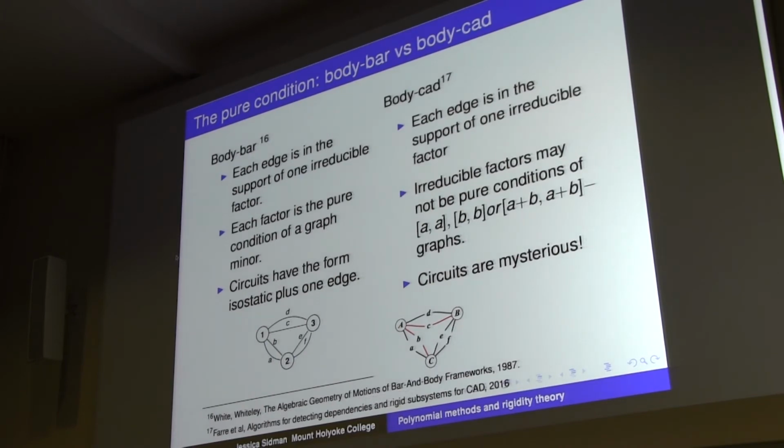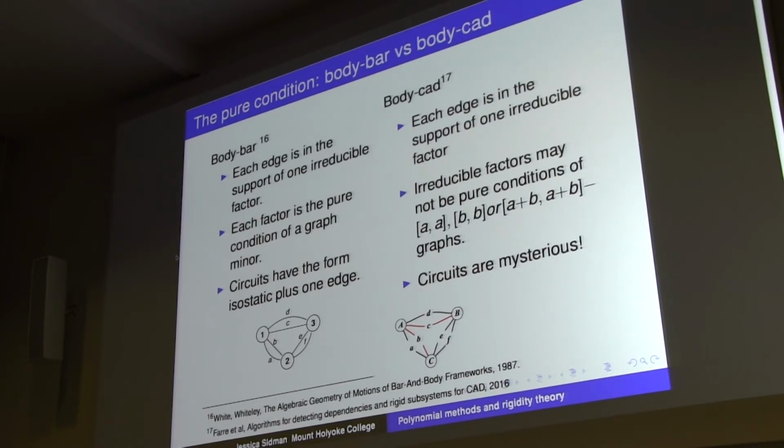And just to finish up here, I want to sort of compare and contrast the body-bar and body-CAD worlds. In body-bar, one of the things White and Whiteley show is that each edge is in the support of one irreducible factor. And in the body-CAD setting, so this is a paper with James Farr, a bunch of undergraduates that have worked on this as an REU project with Audrey and me throughout the years, and Louis Theran.